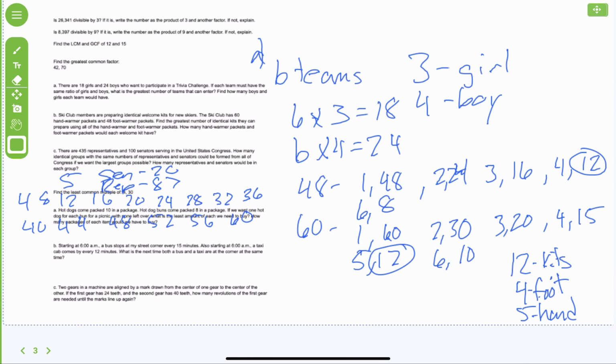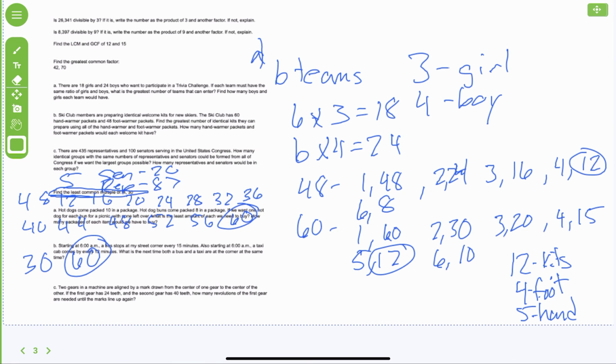And then for the 30s, I would say 30, 60. Boom, boom. There's your answer. 60. Okay? For the least common multiple of 4 and 30. Everybody get that?